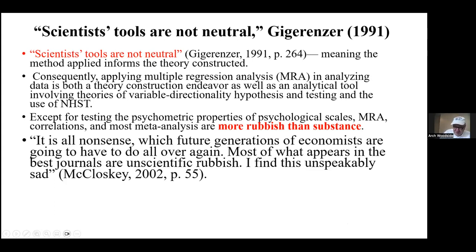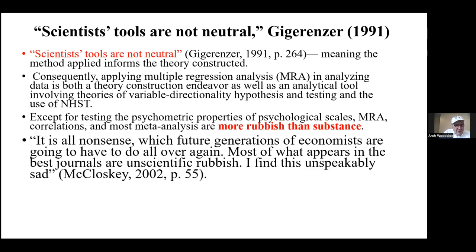So it's kind of shocking to find out that most of the papers in the best journals are unscientific rubbish, according to McCloskey. And again, think of Hubbard's title of his book, which is Corrupt Research, and calling for a redesign in the behavioral sciences.